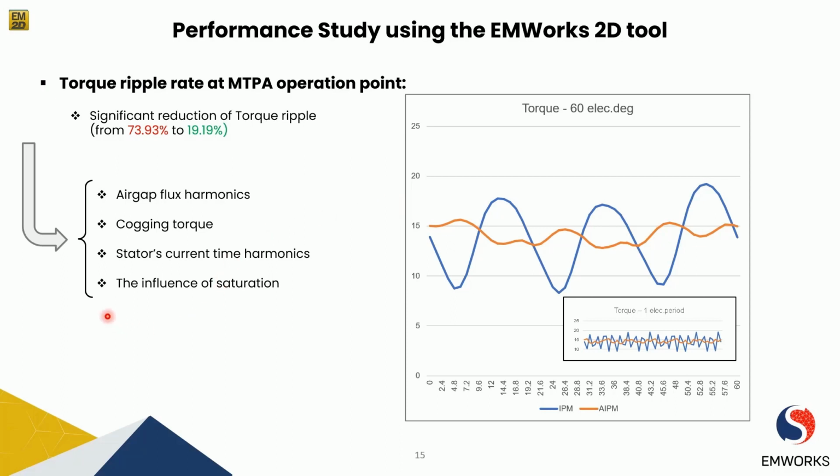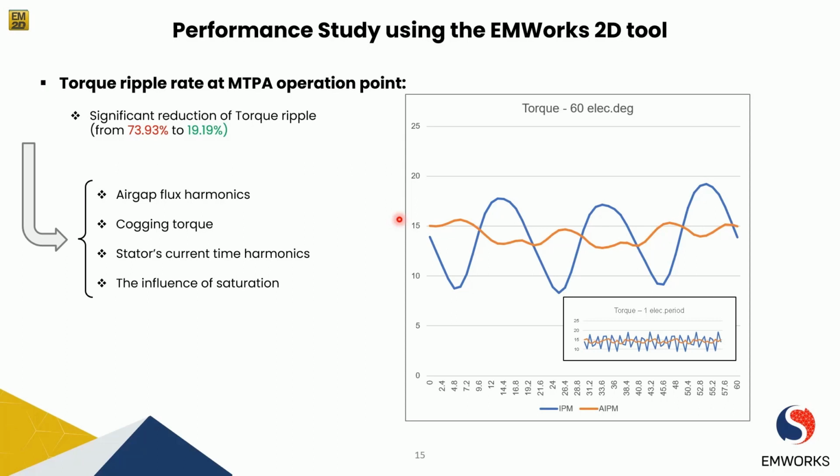It is worth saying that the factors influencing the performance of the machine and ripple rate are usually the air gap flux harmonics, the cogging torque itself, the time harmonics of the stator current, and the saturation of the rotor or stator cores.